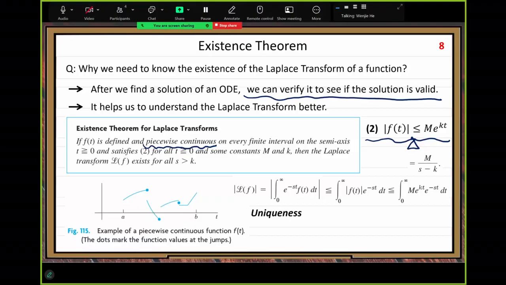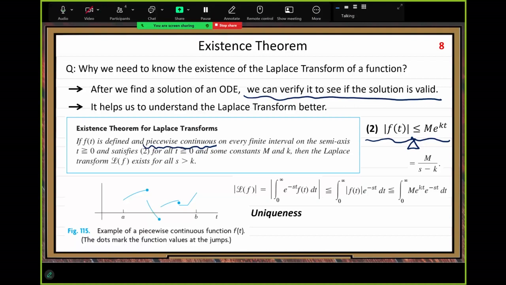Uniqueness. After existence, you want to see: suppose we have two piecewise continuous functions, little f1 and f2. They happen to have the same Laplace transform.